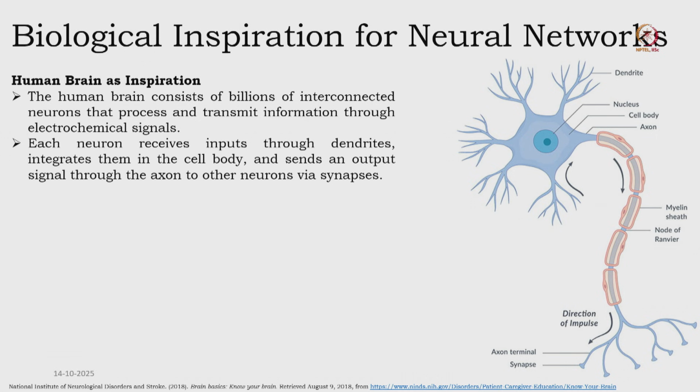Let us look into all of this in a diagrammatic way. We have an input which will enter into the neuron through the dendrites. The input then enters the nucleus. What is the main work of this nucleus?